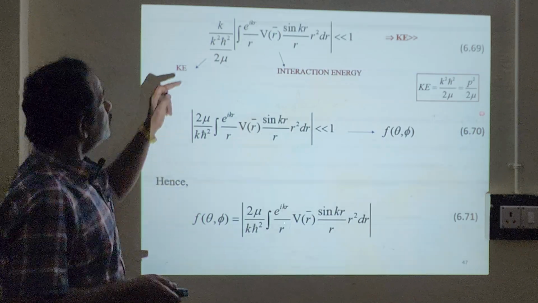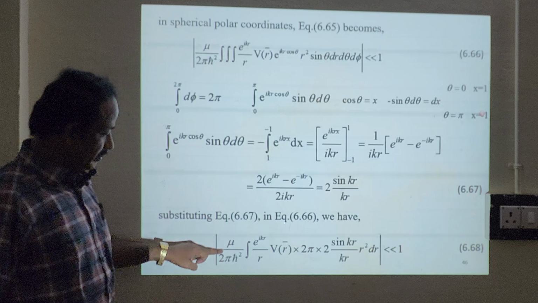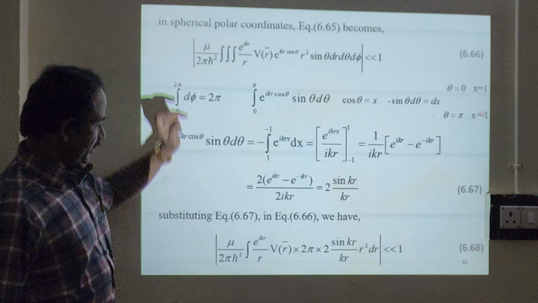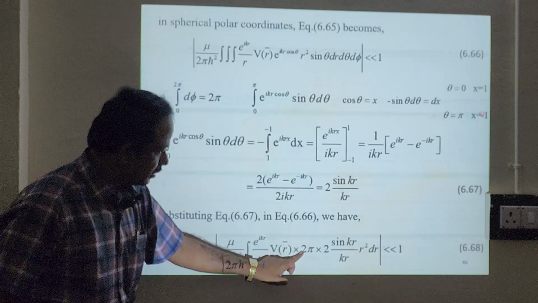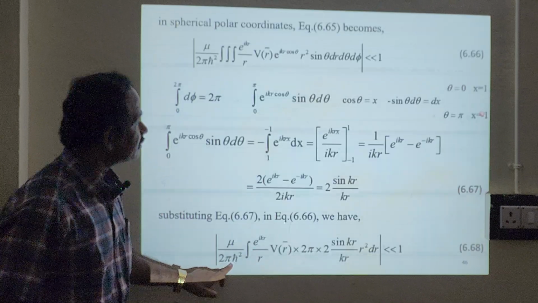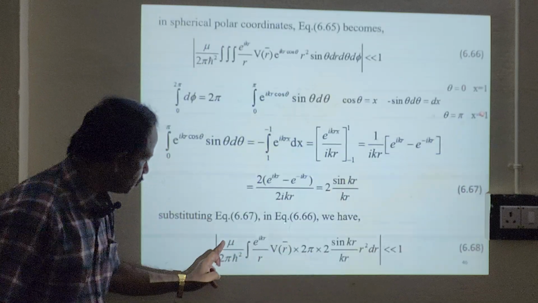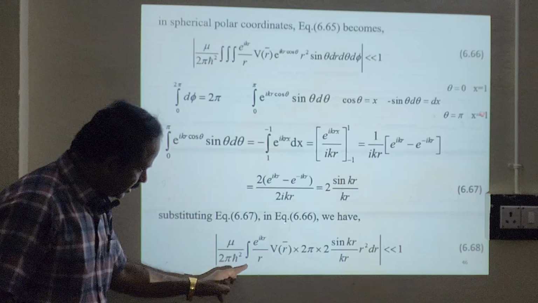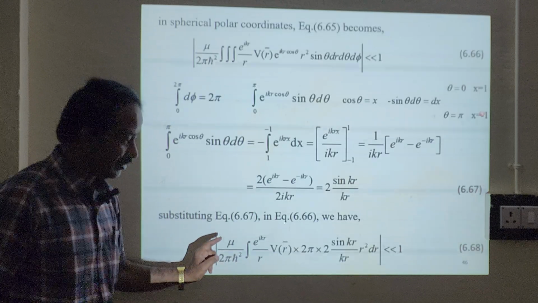So now what I am going to do is multiply and divide by k. This 2 pi gets cancelled. We have this 2 mu, which comes here, so I am going to have h bar square divided by 2 mu, and I multiply and divide by k.